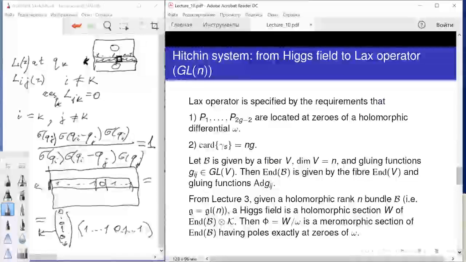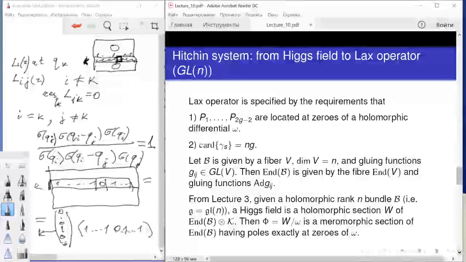I mean the following. Every integrable system can be defined by its Lax operator. I just can give the following definition for a Hitchin system.